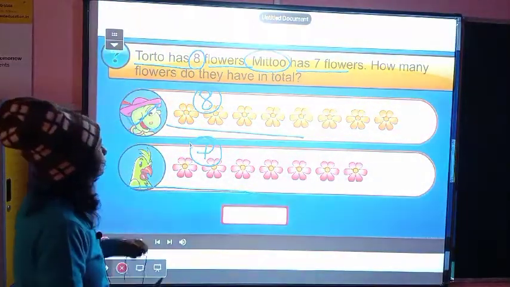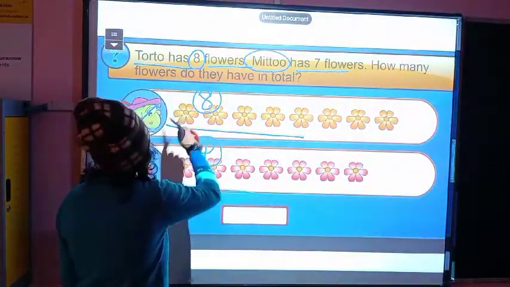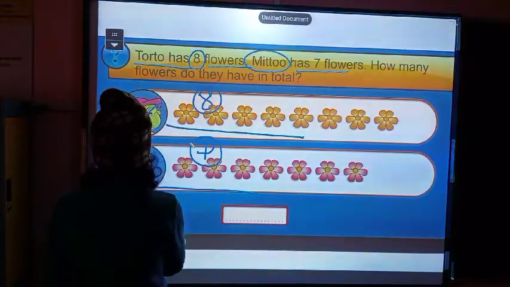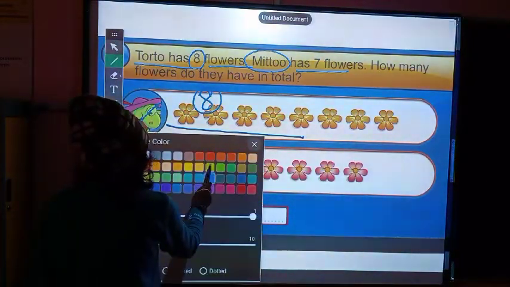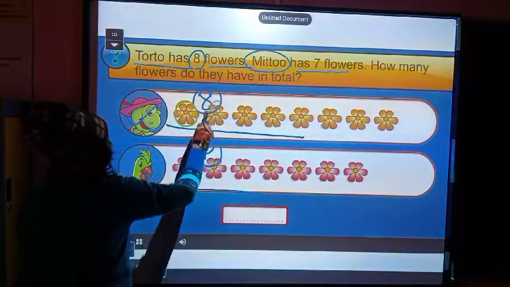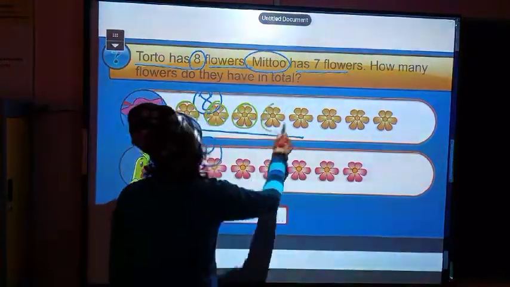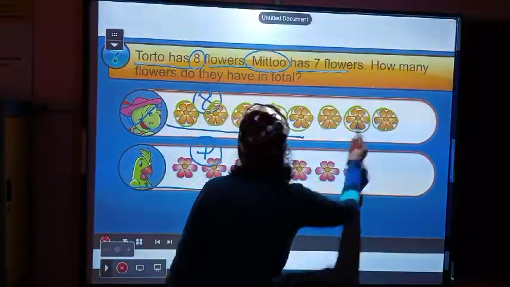So there are two methods. First of all, we count the flowers. This is 1, 2, 3, 4, 5, 6, 7, 8.